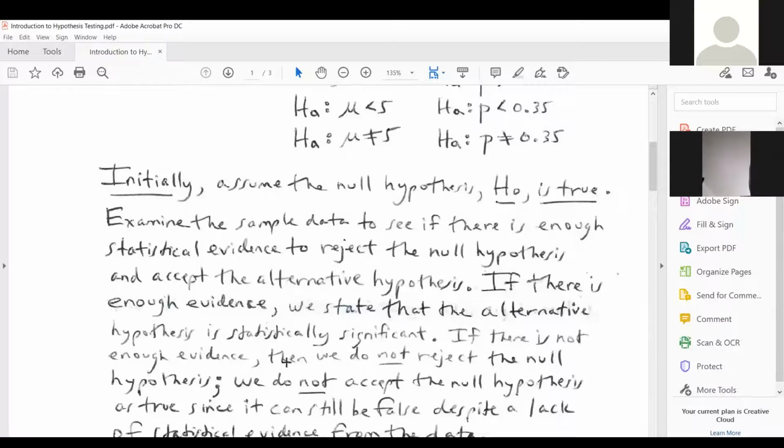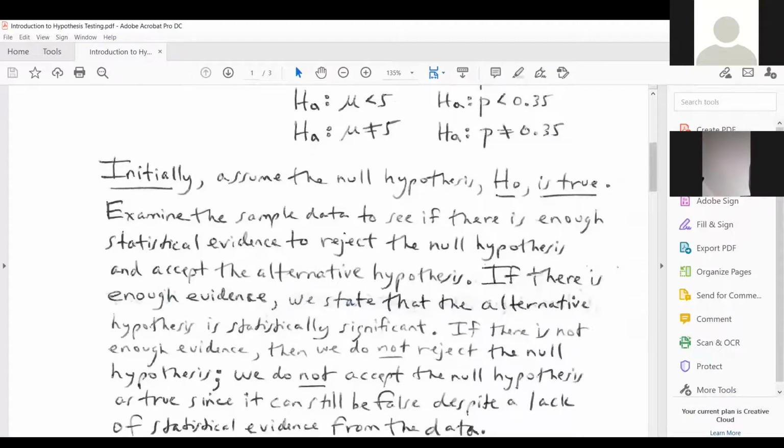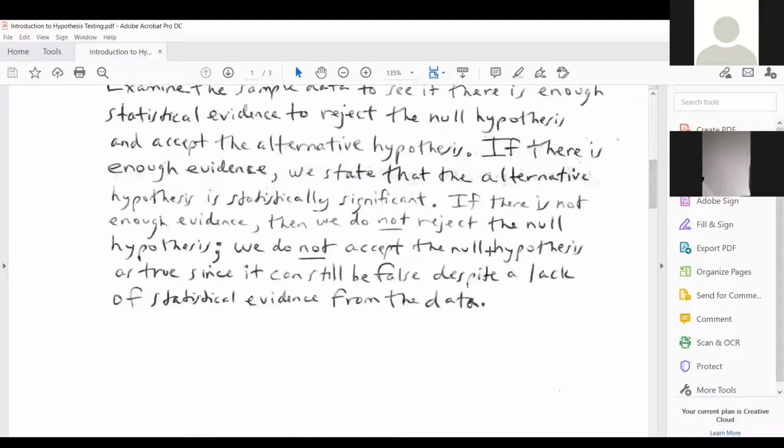Now, if there's not enough evidence statistically, then we do not reject the null hypothesis. This is not the same thing as accepting it, so we do not accept the null hypothesis as true, since it can still be false.